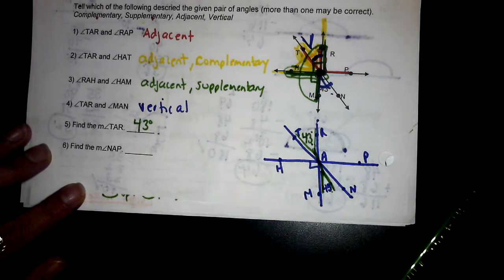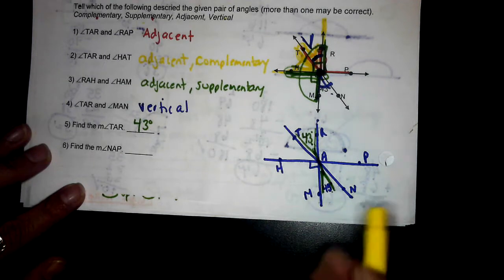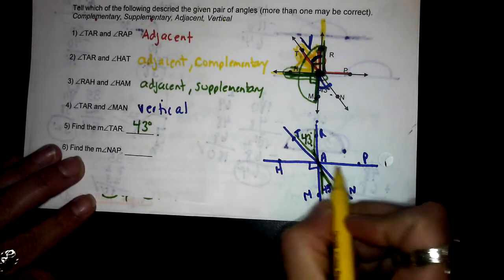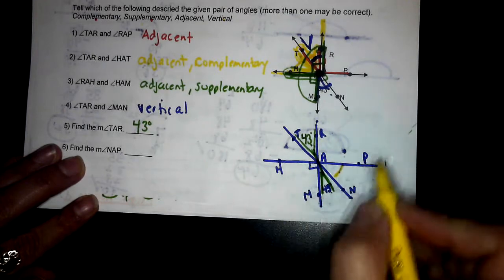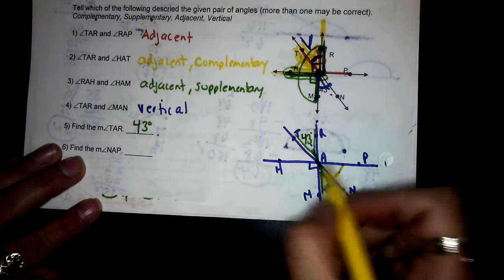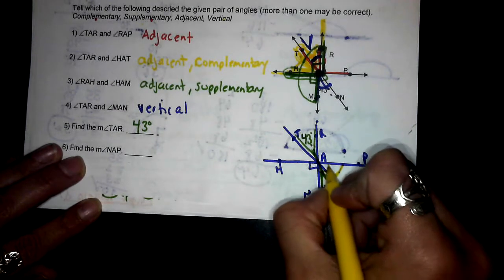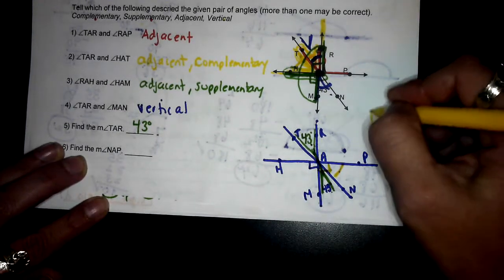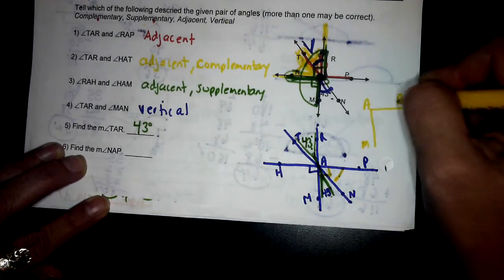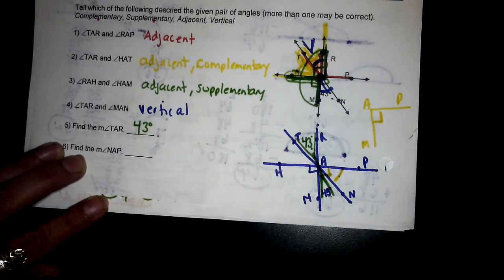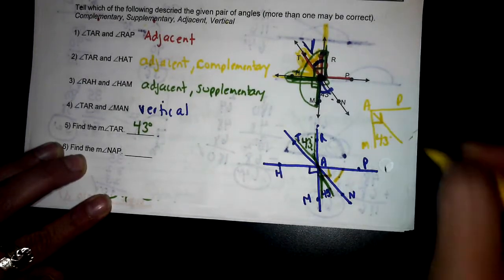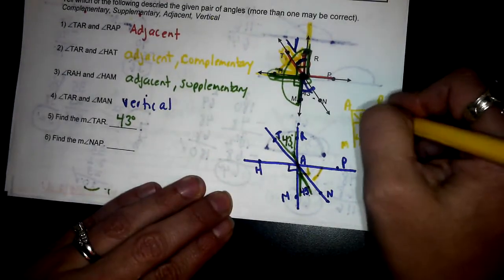Okay, then they want us to find NAP. So this guy right here they want us to find. Well, if you look at this, right, this is 90 right here. And remember we talked about the other day, if this is 90, that means that's also 90. So this whole thing, this MAP, that whole thing is 90, right? Well, I already know that this chunk of it is 43, so now I need to find this chunk.